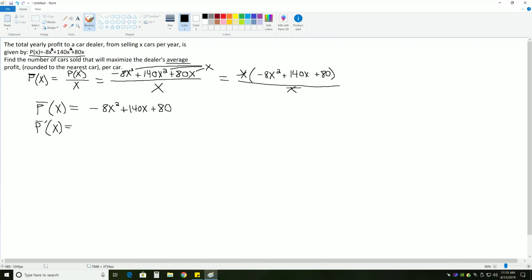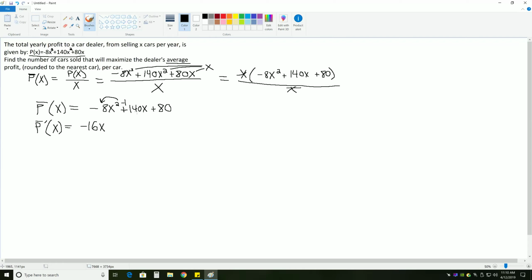So P bar prime of x is equal to the derivative of negative 8x squared plus 140x plus 80. The derivative of negative 8x squared, remember you multiply the exponent out front and then subtract 1 from it. That gives us negative 16x.